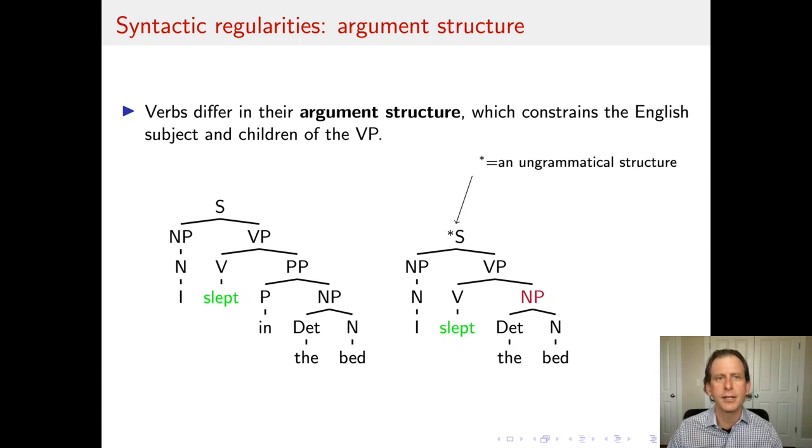Okay, here's a second syntactic regularity: argument structure. Verbs differ in what we call their argument structure, which constrains the English subject and the children of the verb phrase. What is argument structure?